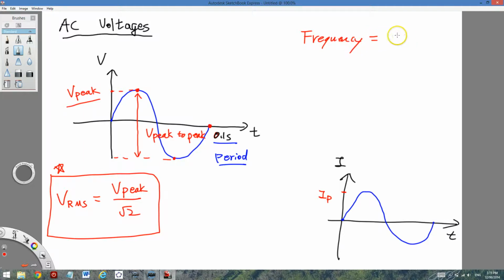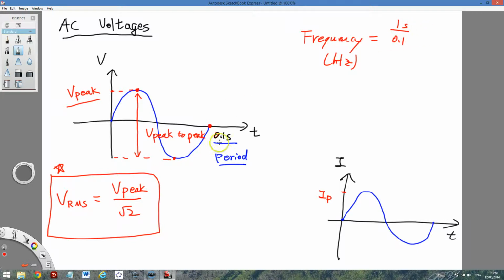Frequency is measured in hertz. It basically means how many times in a second. For instance, this particular AC current has a period of 0.1 second. It means for every 1 second, it has 10 periods.